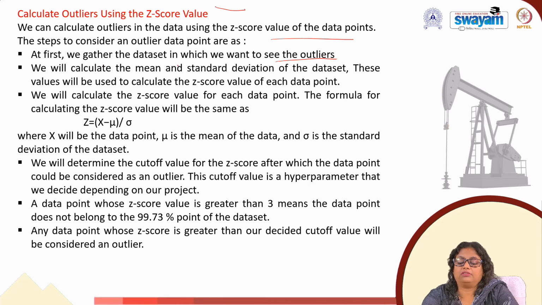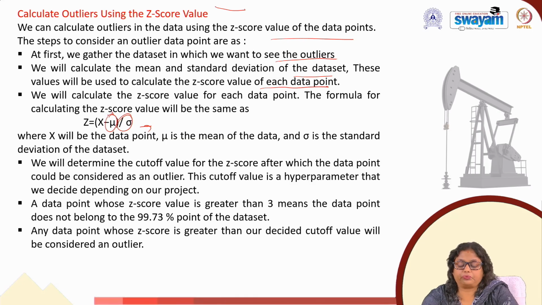So we calculate the mean and standard deviation of the data set. First calculate these two values, because when you use the Z score you require the mean and standard deviation. These statistical parameters are required, and these values will be used to calculate the Z score value of each data point.